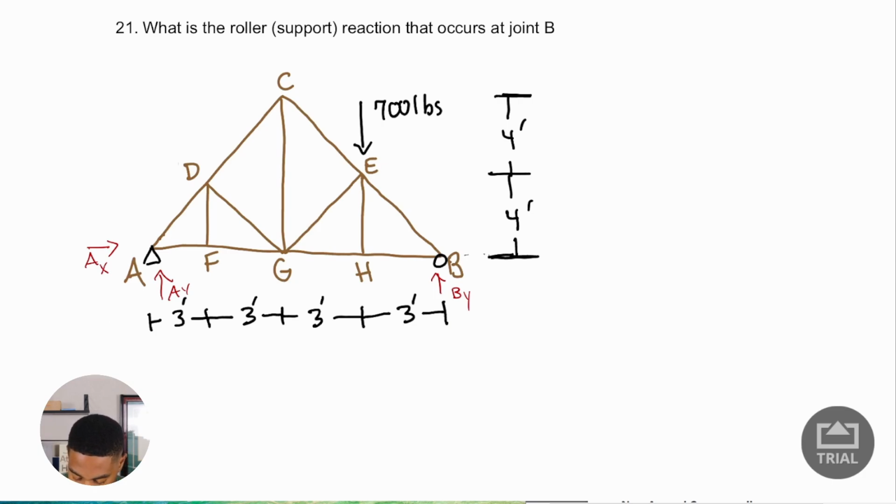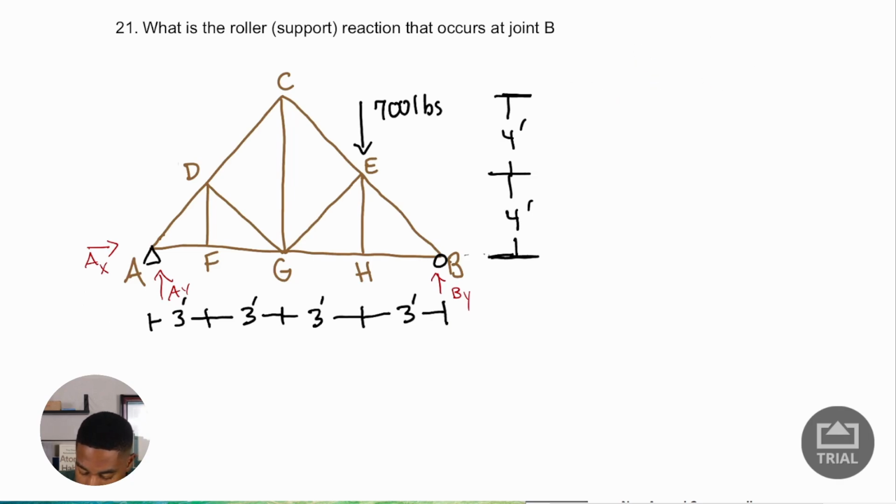So to be able to do this, if we try to do the sum of the forces in the Y, it's not going to help us out because the sum of the forces in the Y is equal to an AY, which is an unknown, minus a 700 plus a BY. So now you got two unknowns.